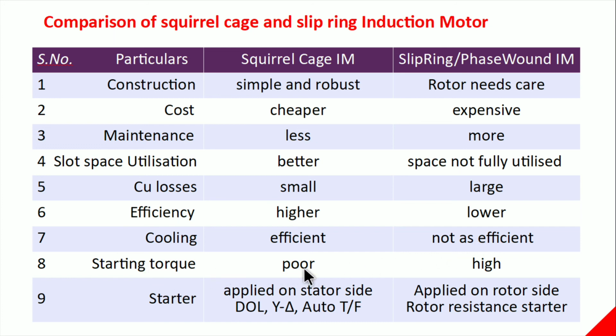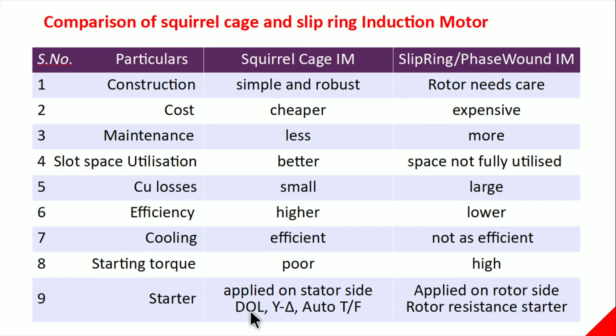Starting torque is very poor in the case of the squirrel cage induction motor, but starting torque in the case of the slip ring motor can be very high. This motor cannot be started at load. This motor we can start at load. The starters are generally applied on the stator side of the squirrel cage induction motor.